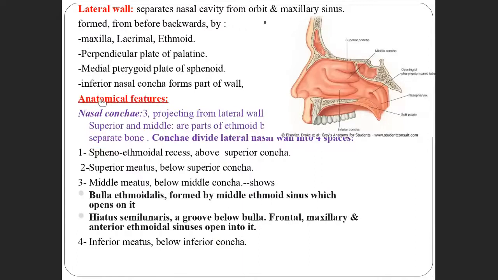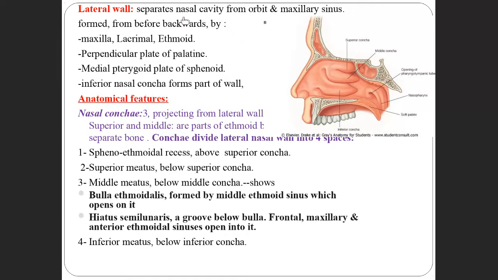Next. How is this lateral wall formed? This lateral wall is formed by a combination of many structures. They are the maxillary bone, the lacrimal bone, ethmoid bone, the perpendicular plate of palatine bone, the medial pterygoid plate of sphenoid bone, and the inferior nasal concha.